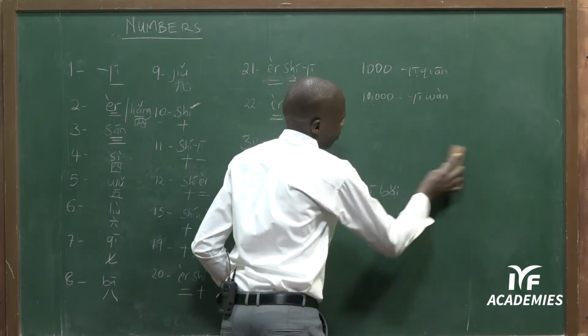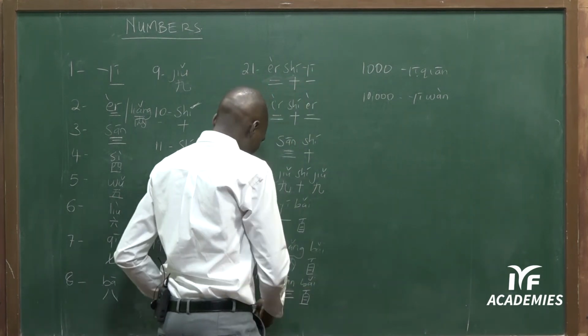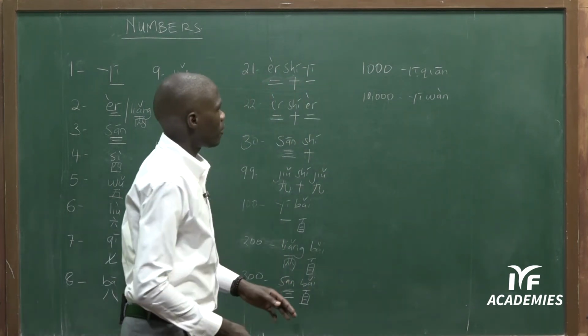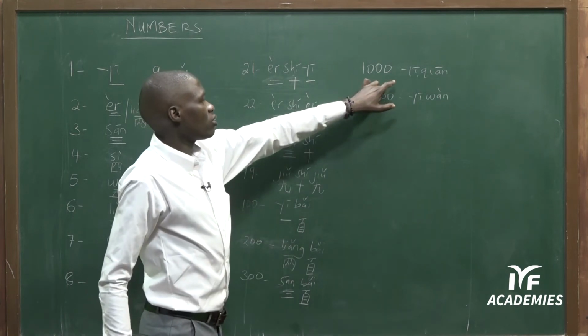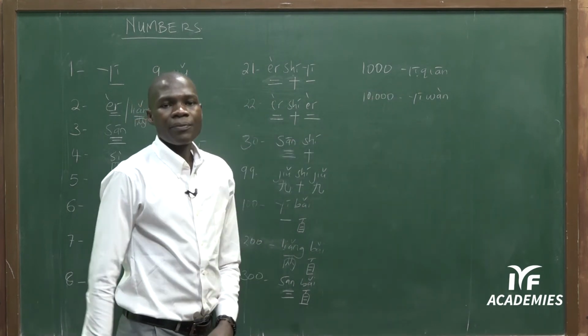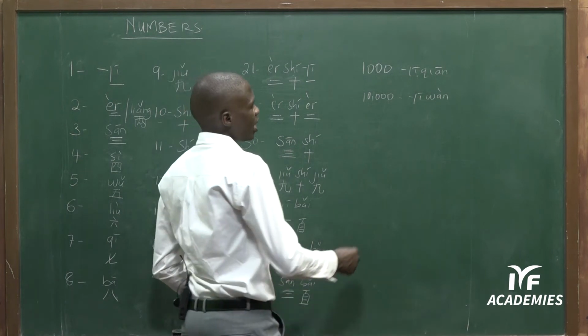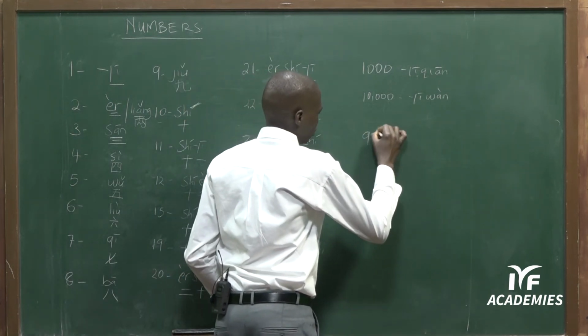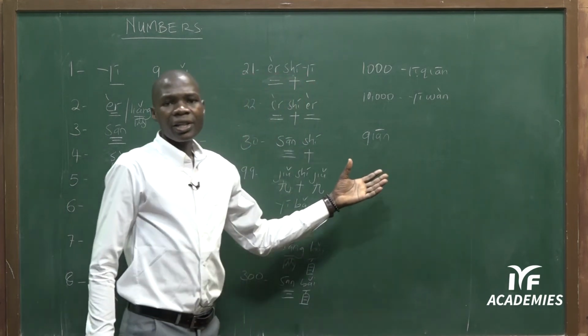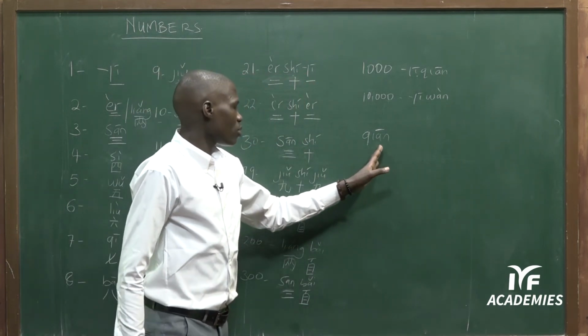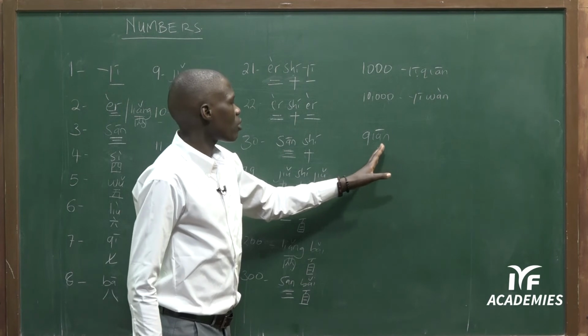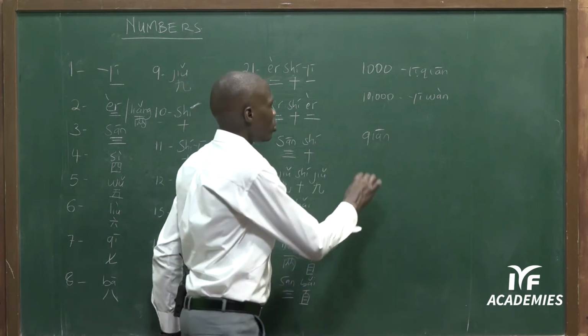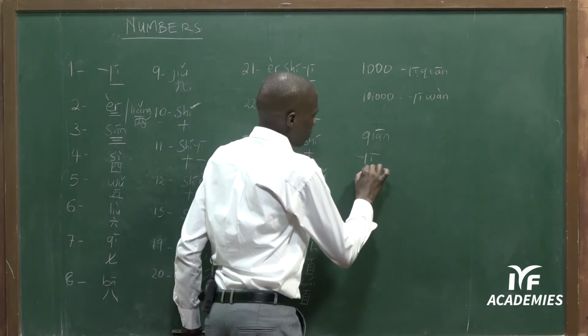Then from there we can move to 1,000. 1,000 is yi qian. Qian alone means 1,000, but when you say yi, this one means 1.